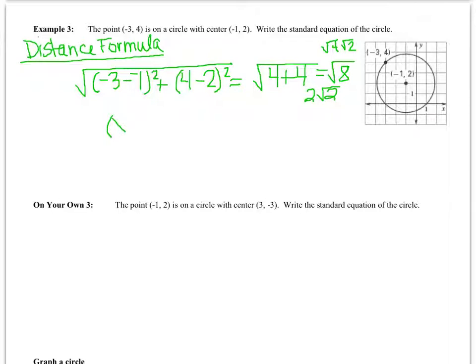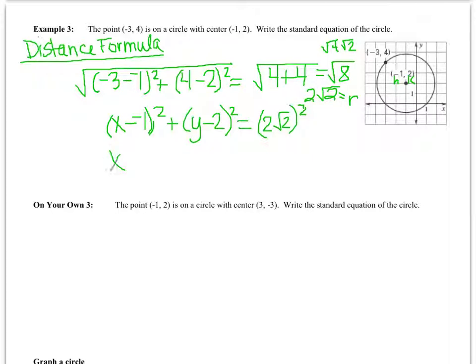I can say x minus, here's my h, and here's my k, and now here's my r, my radius. So x minus -1 squared plus y minus 2 squared equals 2 times the square root of 2 squared.